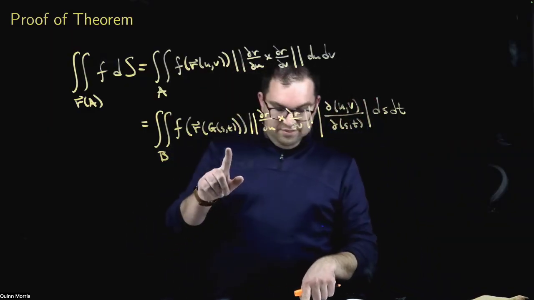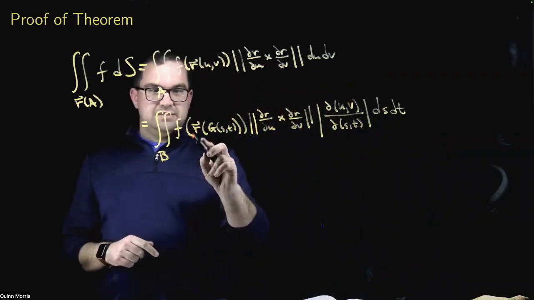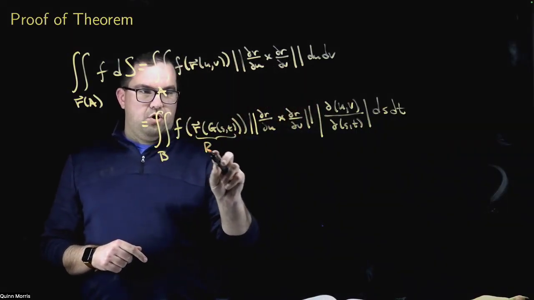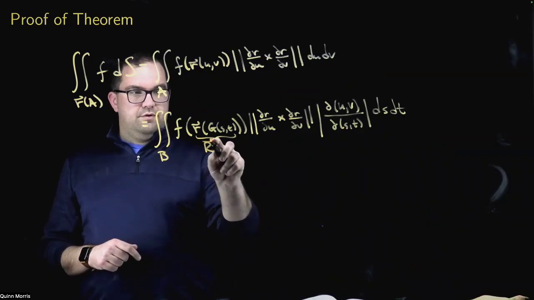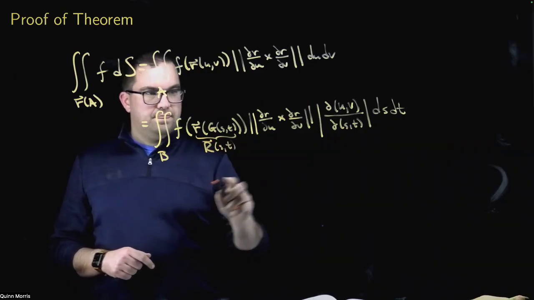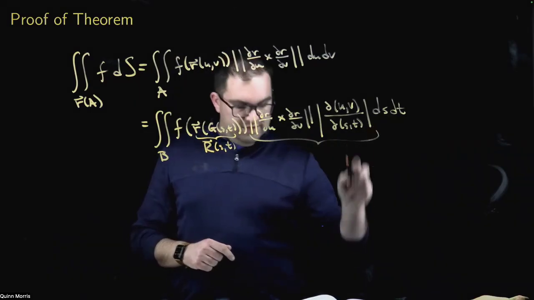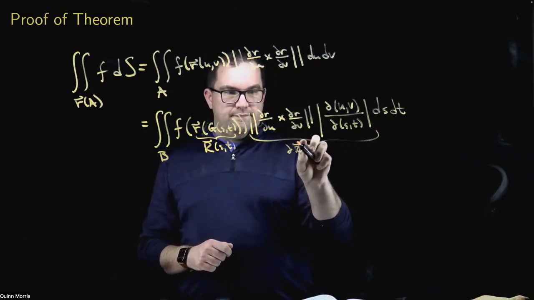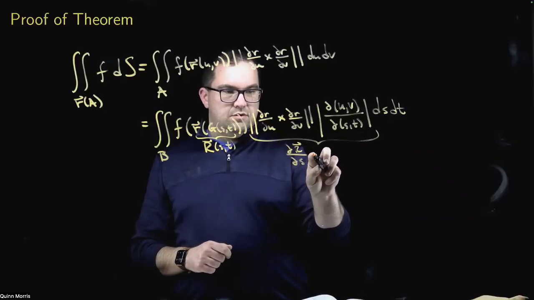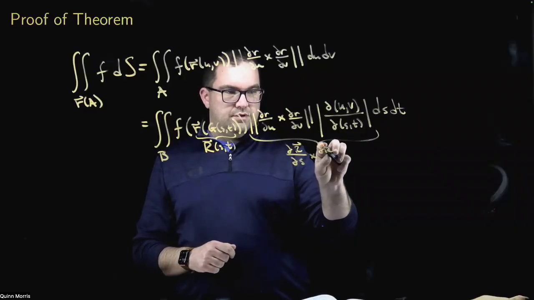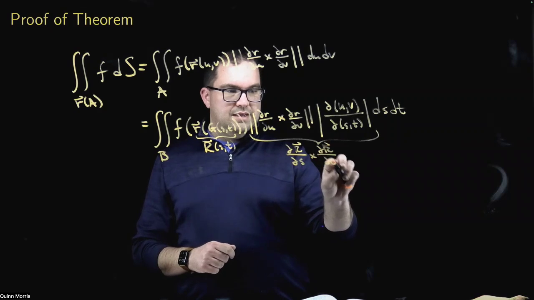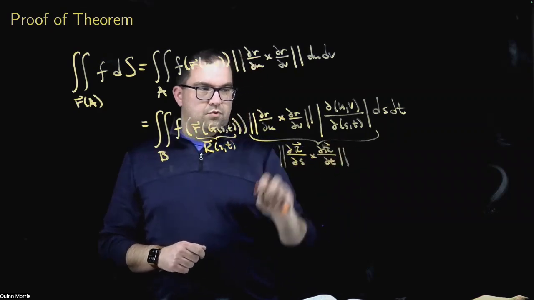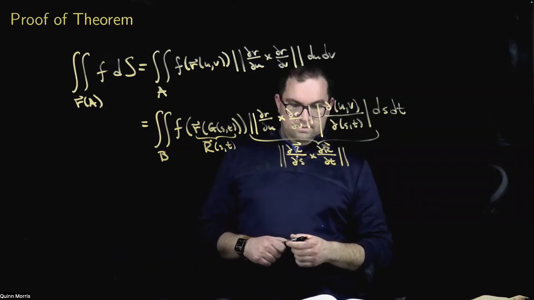But now if I look at this, right, this is just equal to capital R of ST, and this, by our previous theorem, is precisely the norm of dR ds cross dR dt. Okay.